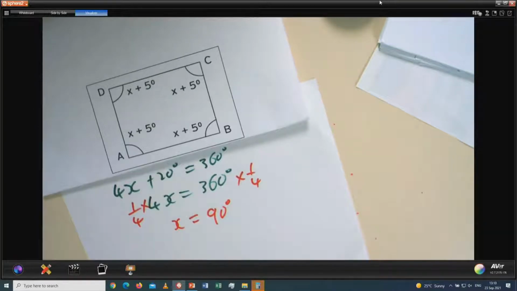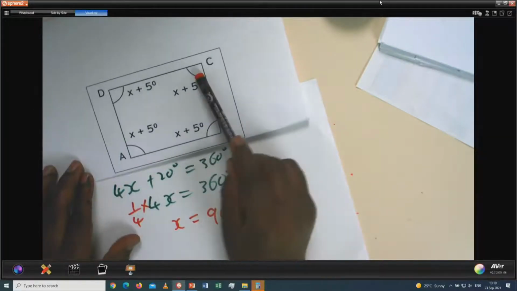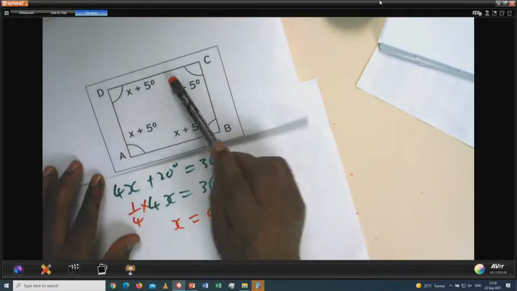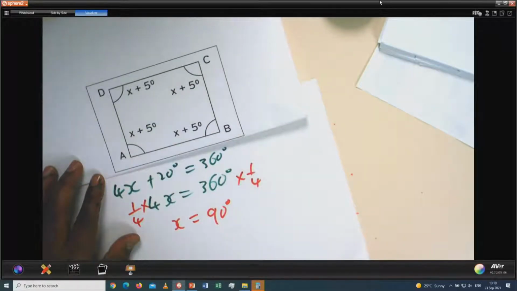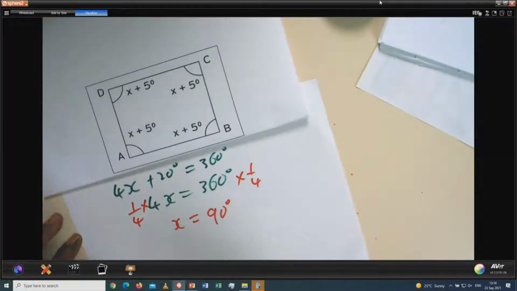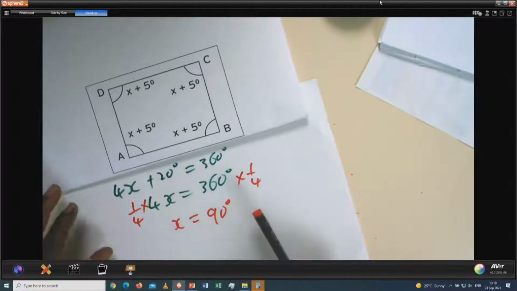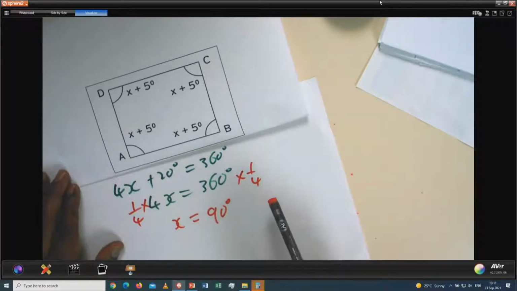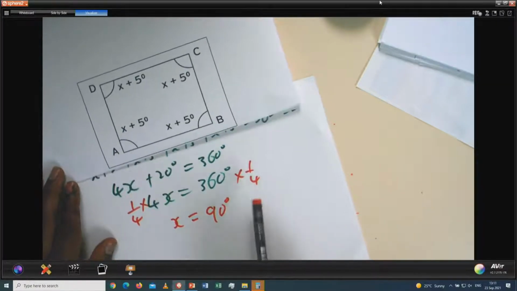Therefore, you're right, it is a rectangle. A 4-sided figure with all angles equal. But there's something that is not right here.